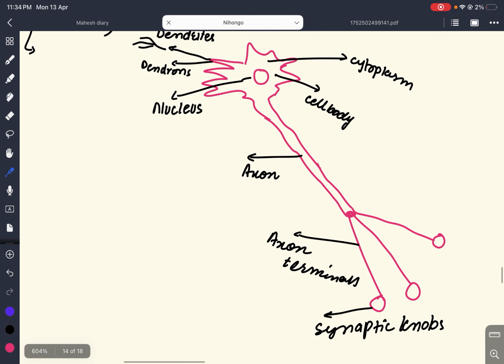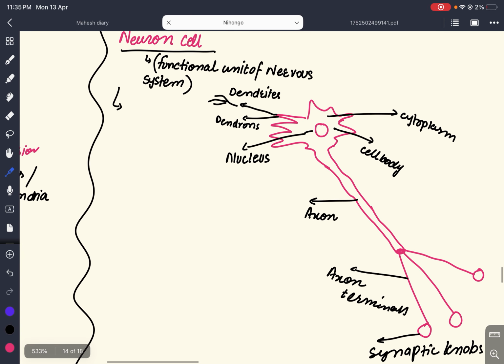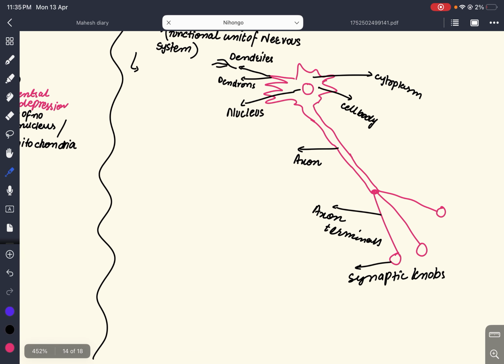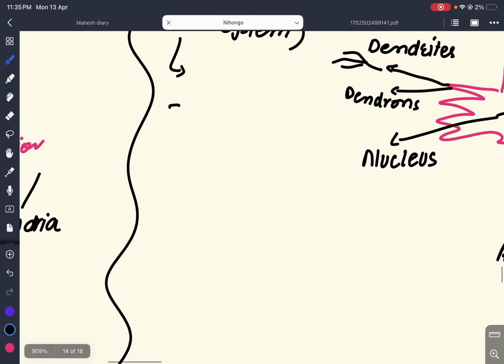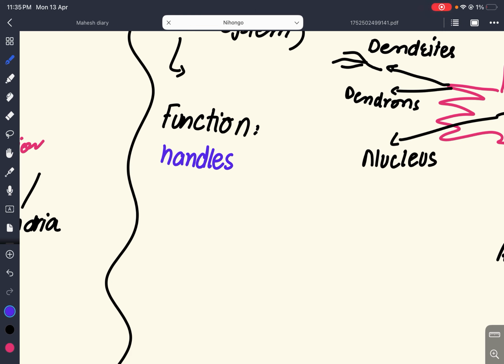So what is the actual work? Because we just know the structure right now. We'll just talk about the function. We'll not talk about what each part of this cell does right now. We'll come directly to the function. The function of these cells is that it handles the electrical system or signals, you can say.